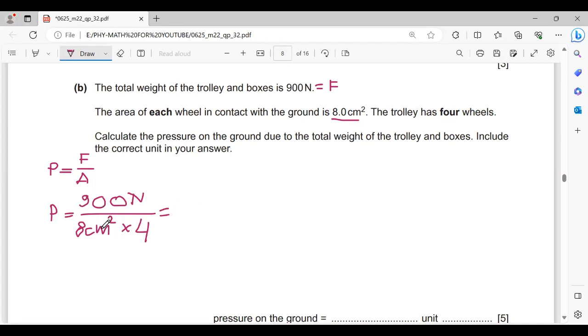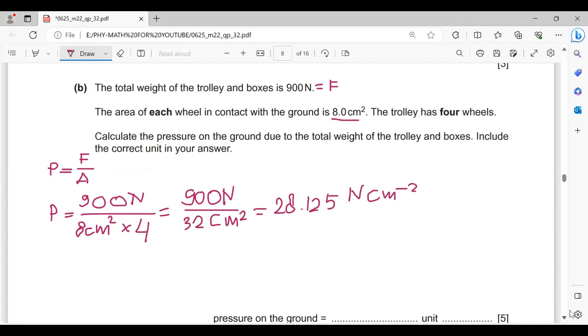So 900 divided by 32. I will calculate first with the calculator. And the result is 28.125 newtons over centimeter squared.